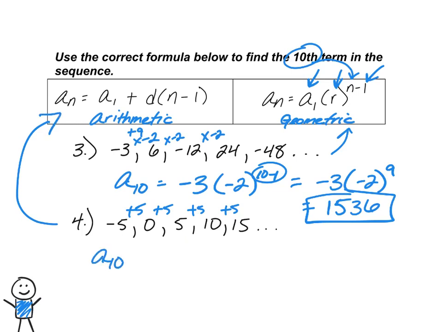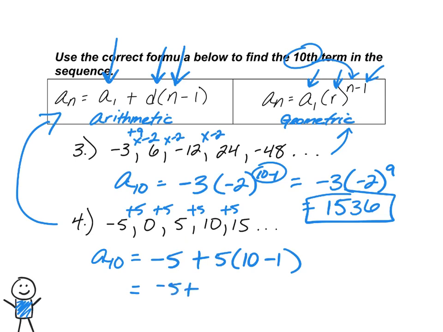The 10th term in my sequence would be my first, a1 is representative of my first term in the sequence, which was negative 5. Then I've got to add the d in this formula represents the common difference. Well, my common difference was a positive 5. And then n, again, is whatever term I'm looking for, which in this case is the 10th term, minus 1. So let's see if we can figure out what our 10th term in this sequence would be.